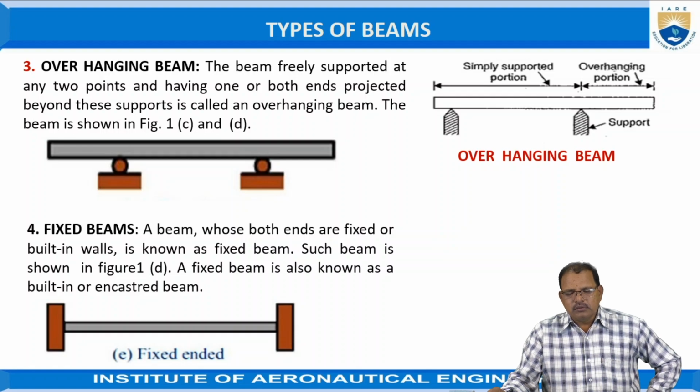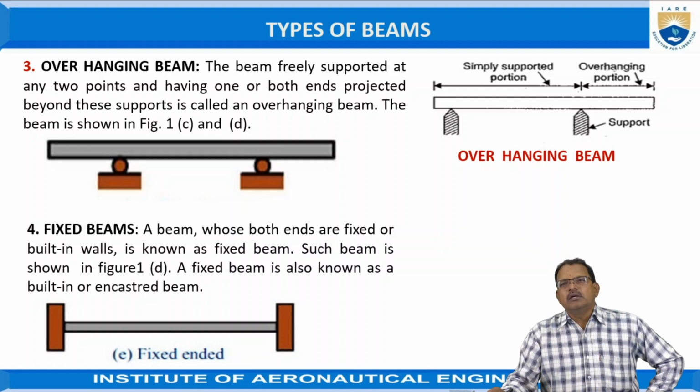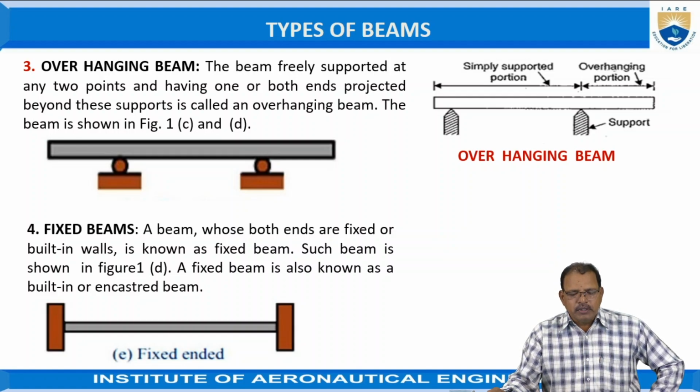Overhanging beam. This beam is similar to the simple supported beam, but it extends beyond the support on one side, or it may be on two sides, as shown in the figure.